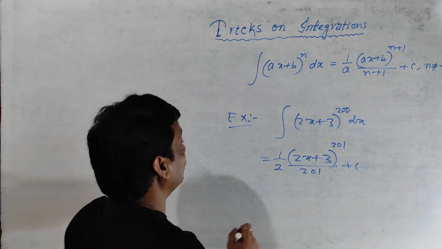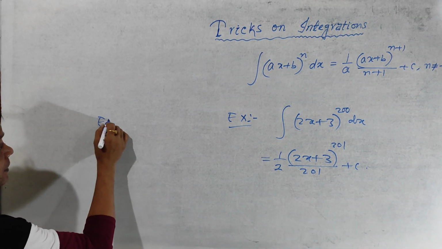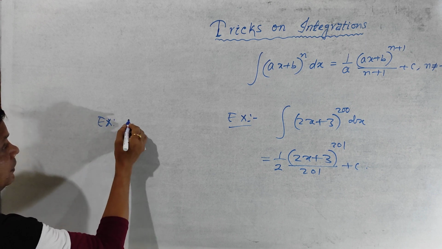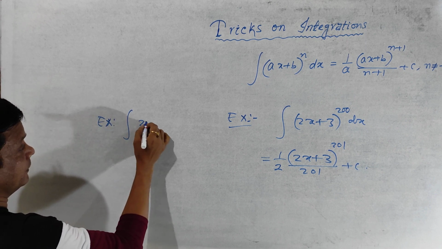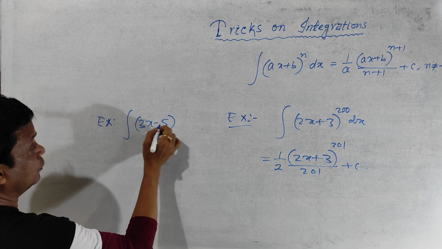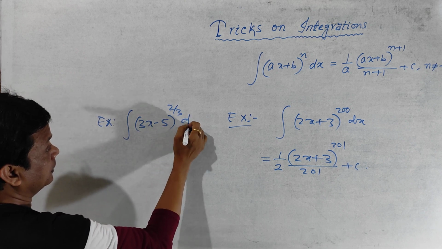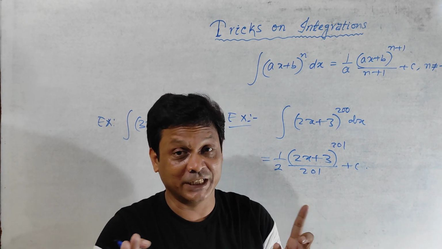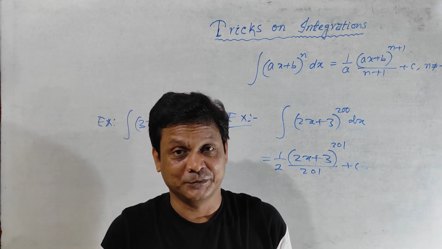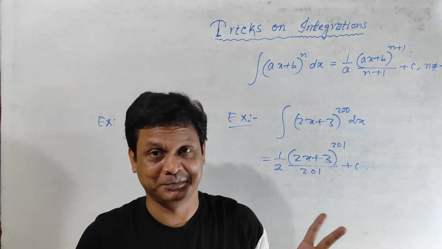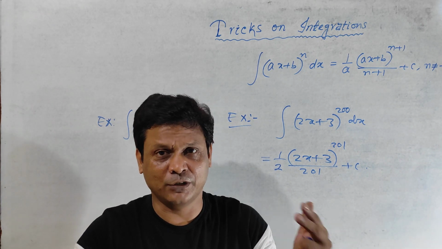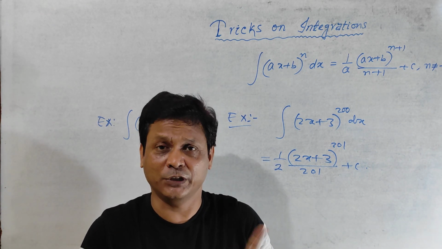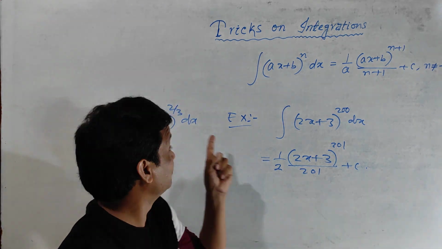Clear? Another question I am giving you. Integration (3x minus 5) to the power 2 by 3 into dx. If the power is a fraction, then you cannot expand. With an integer power it is possible, though it would take 2 or 3 hours. But here you cannot.